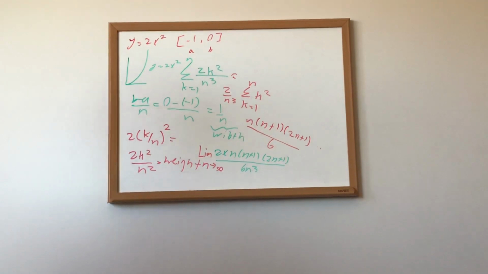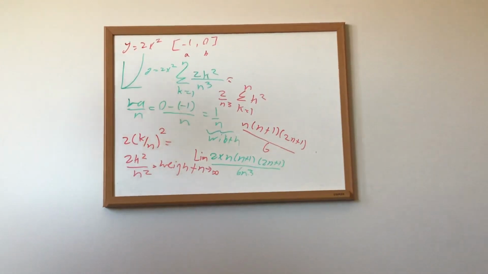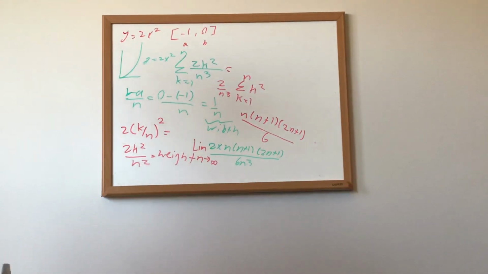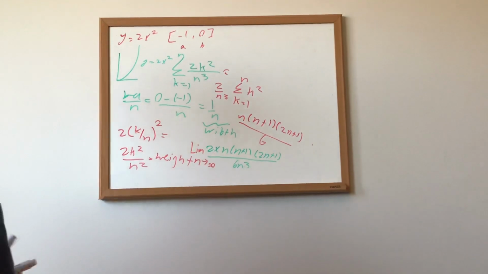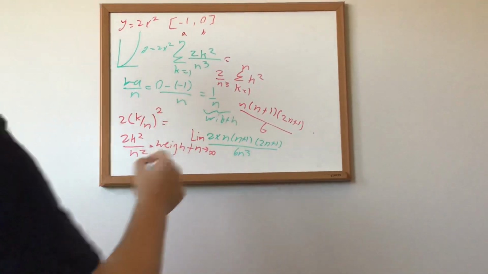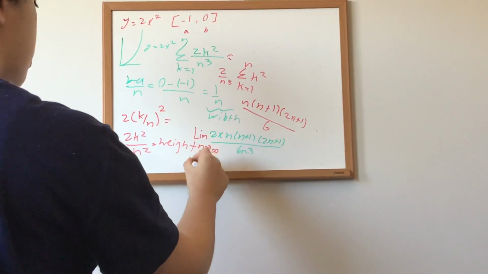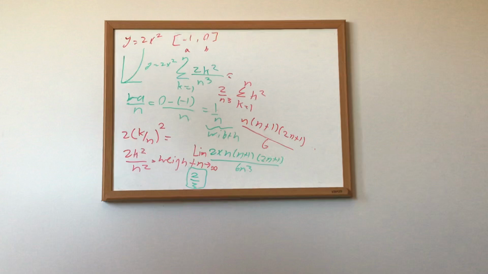But we are not working with the rest of the expression. We are working just with 4n cubed and 6n cubed because these two are the highest degrees in the expression. So when we divide 4n cubed by 6n cubed, the n cubes cancel. We get 4 over 6, which is just 2/3 as the area under the curve.